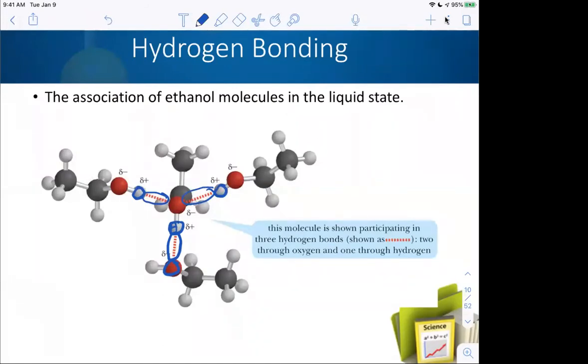So when I look at this central atom, what you should notice is you have 3 hydrogen bonds, which are shown as these red dots. 2 through oxygen. That oxygen is accepting the hydrogen bond. And then this hydrogen is donating to the hydrogen bond. So the oxygen is acting as a hydrogen bond acceptor, and the hydrogen is acting as a hydrogen bond donor.